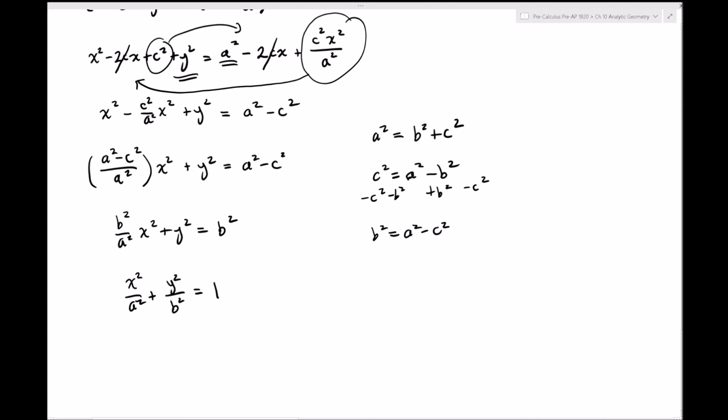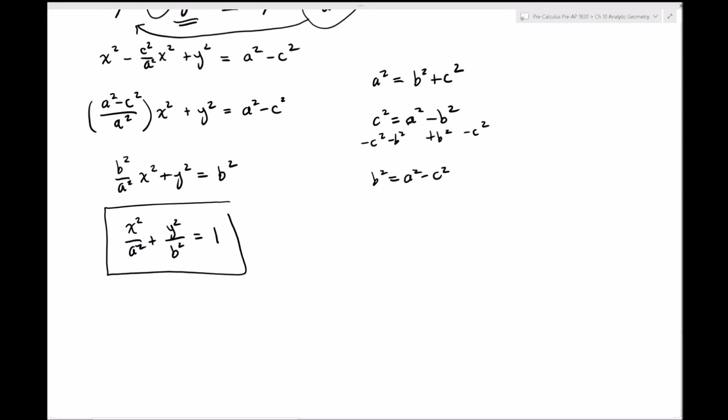And the same argument that I made for a being okay for me to divide by, we can divide by b squared because b is also positive. b is a positive quantity because that represents the location at which that ellipse intersects the y-axis or coincides with the y-axis. Here's my equation. x squared over a squared plus y squared over b squared is equal to 1.